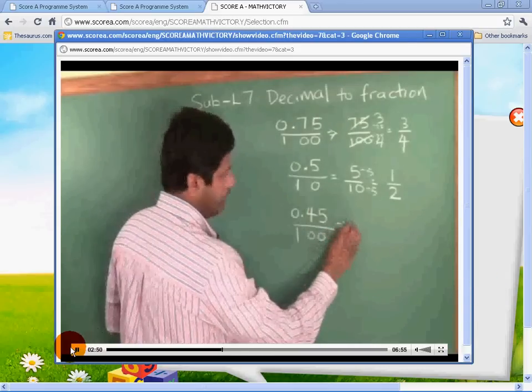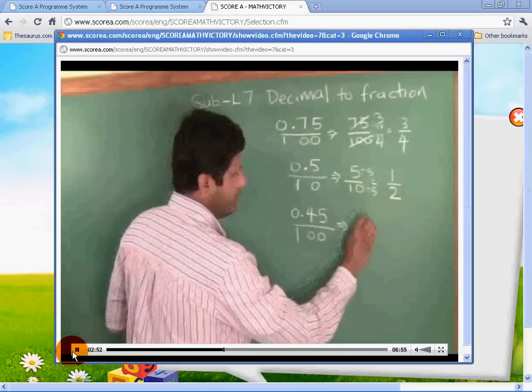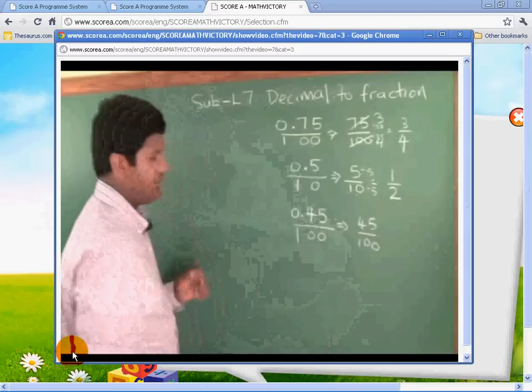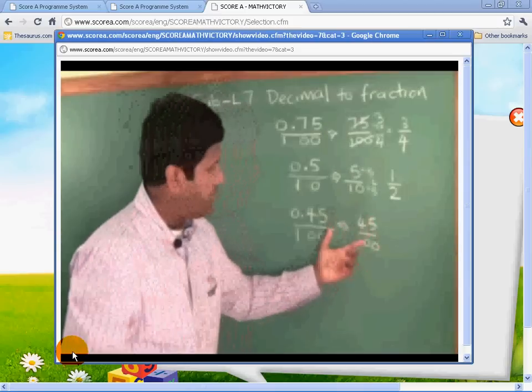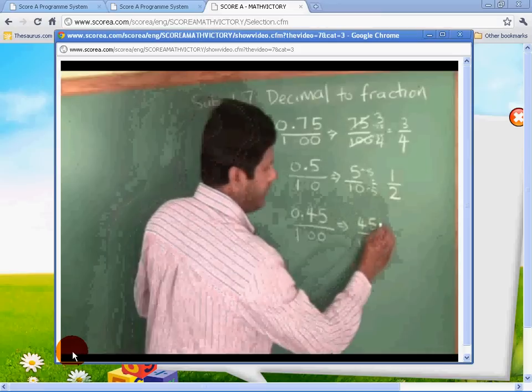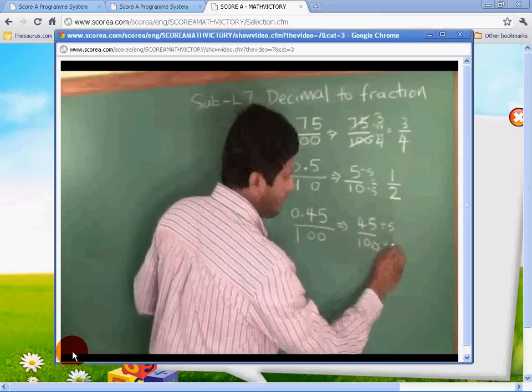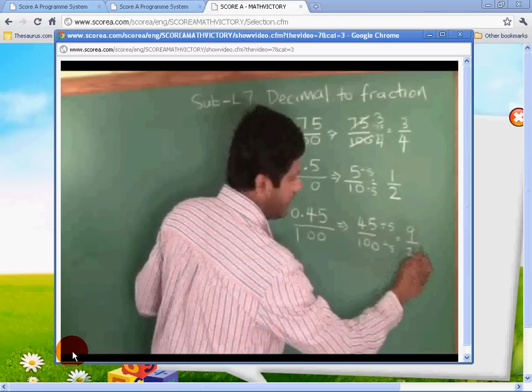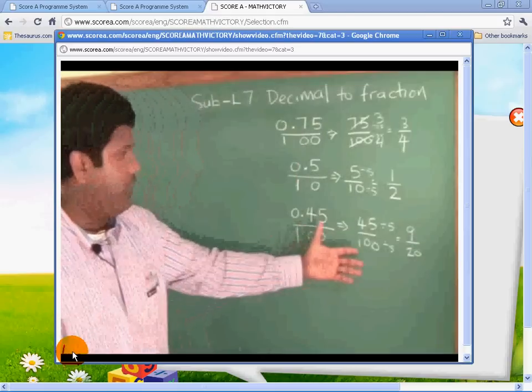So this one becomes 45 over 100. Now you want to ask, what's the common number that 45 and 100 can be divided by? Let's say 5. Divide this by 5, divide this by 5, gives me 9 over 20. And I can't simplify anymore. That's it.